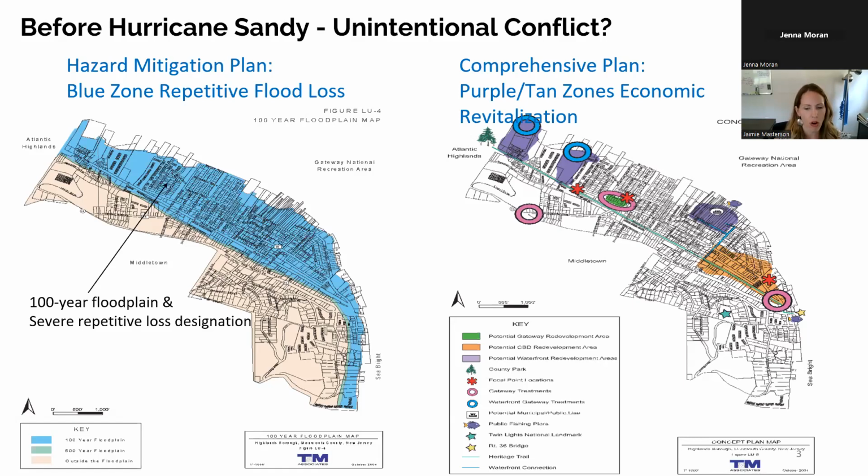And instead, it was doing all of those things that planners love, like walkability, downtown revitalization, ways in which it could enhance its waterfront through economic development. And all those things are good on the surface, but there was obviously some disconnection and siloing of these different organizations and agencies, all within a relatively small community.